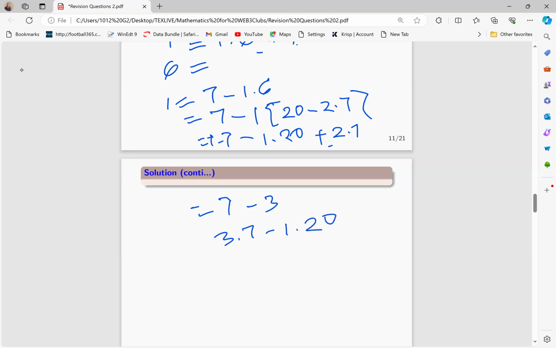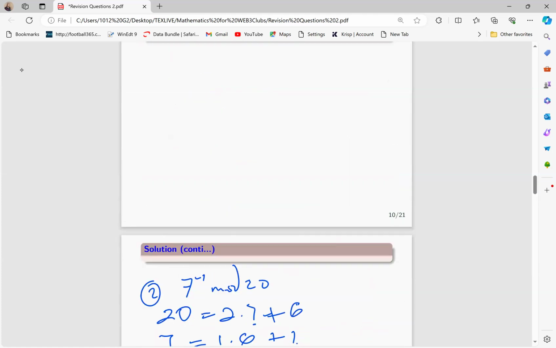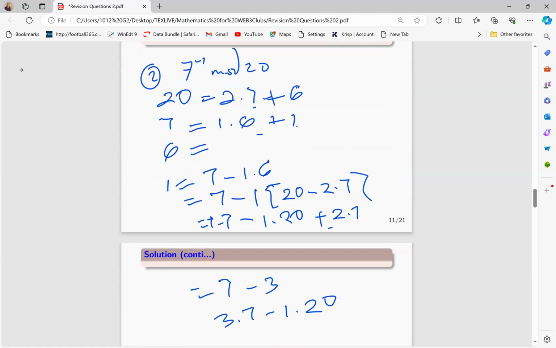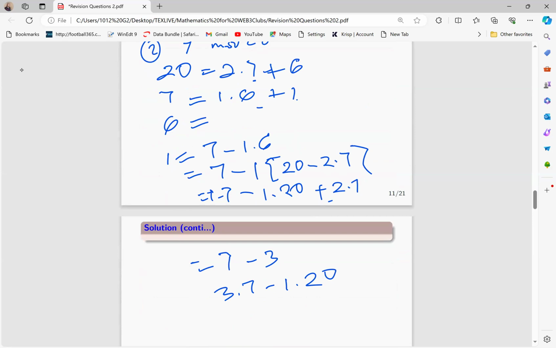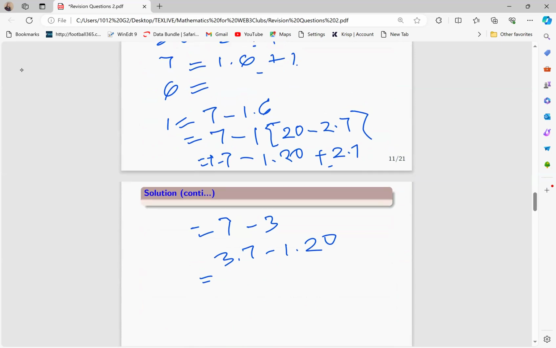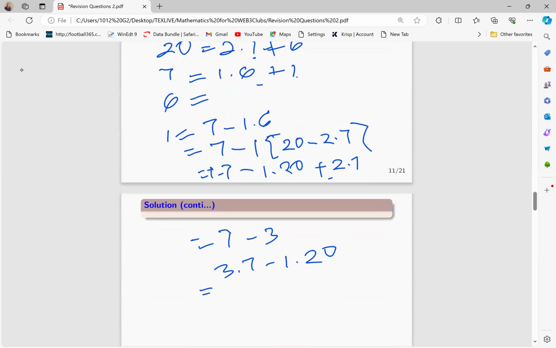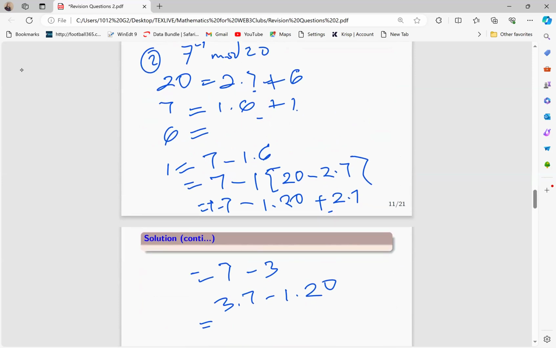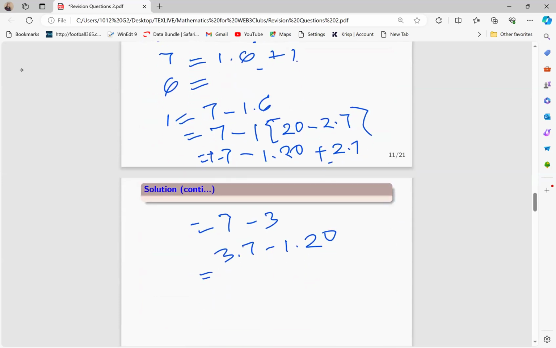And then based on what we had here, we can rewrite this. You're supposed to substitute the 1 times 20 from here, if I'm correct. We've already substituted all of them. Is that okay?